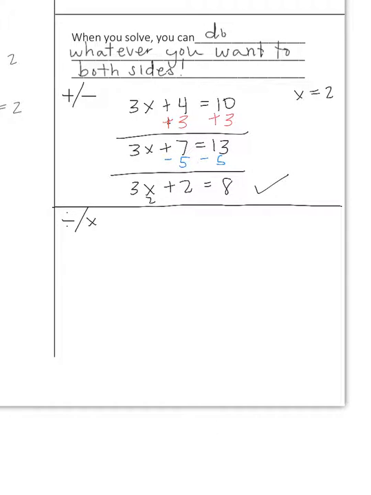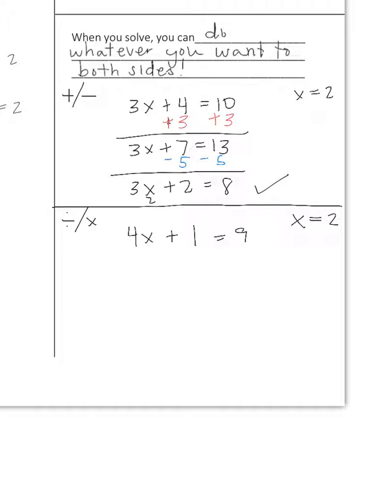Now, on the other hand, multiplying and dividing is a little bit of a different story. So I'm going to put in 4x plus 1 equals 9. Okay? So, if we look at this, if you solve that, you will find that x is 2. And it's true, if you put a 2 in there, 4 times 2 is 8, plus 1 is 9.